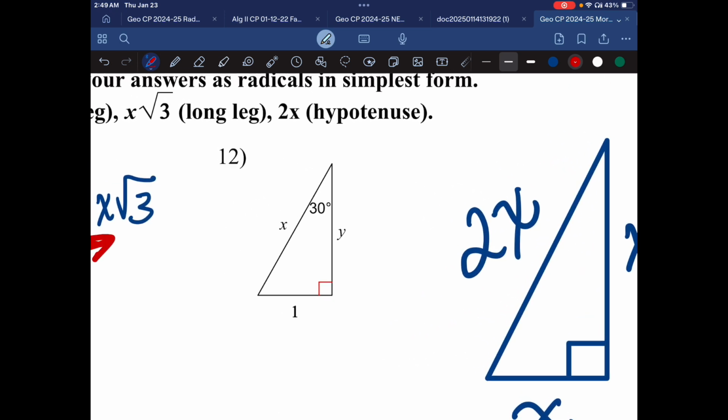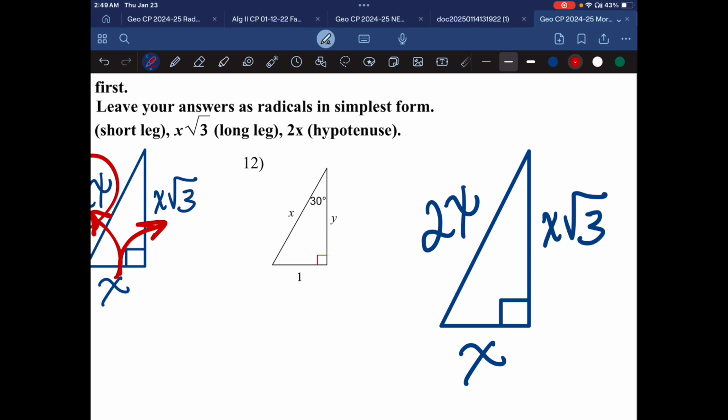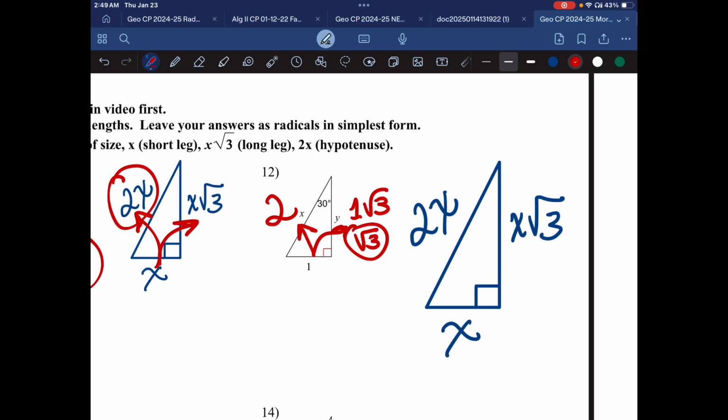So let's do it again. Here's the pattern. Short side, double it. Short side times the square root of 3. And for some of you, it may feel more comfortable to actually write 1 square root of 3. But in an answer key, you'll see it as square root of 3.